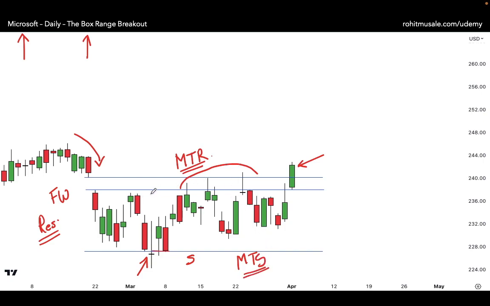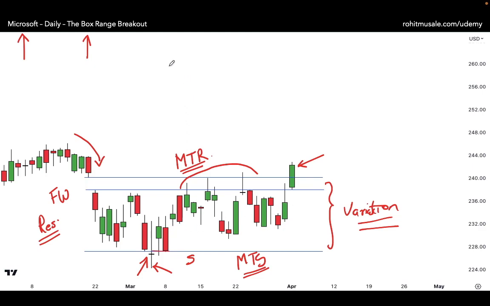Okay, so a box range is created between a multi-tested resistance and a multi-tested support. I would call it a variation of a box range because of this particular candle. Ideally, I would want all of these candles to be closing above this blue line. That's why I call it a variation of a box range, not exactly a box range.